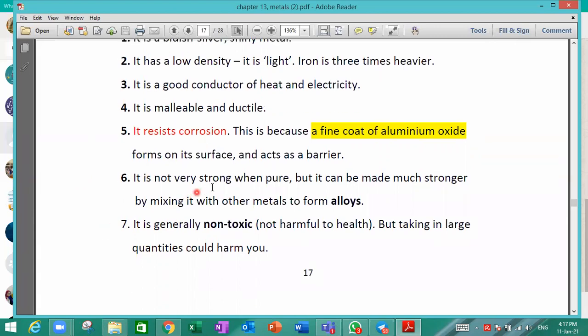It is not a very strong metal, but it can be made stronger by adding it to other metals to form alloys. And it is non-toxic if it is present in certain amounts, but if it's taken by people in large amounts, then this would harm them.